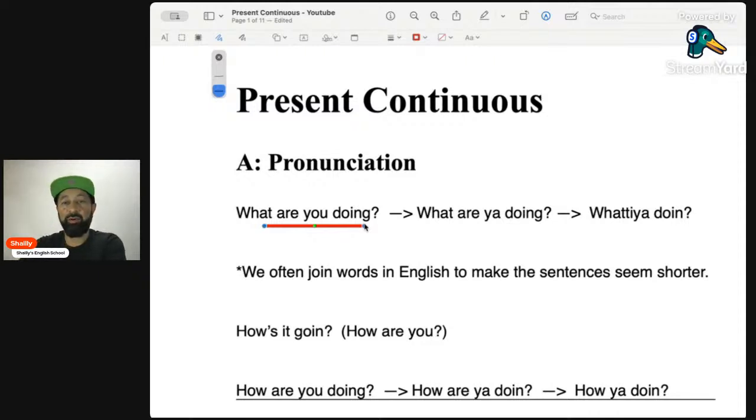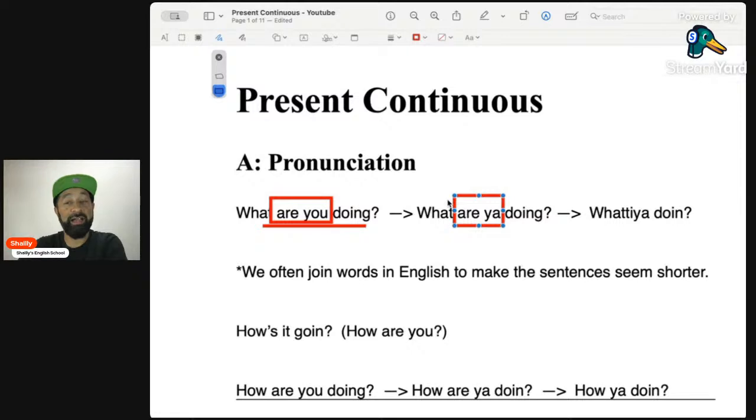Now, what I want you guys to realize is that when native English speakers speak, we will often join words together. We often join words together. So, for example, this "are you", I could change to "are ya". What are ya doing?